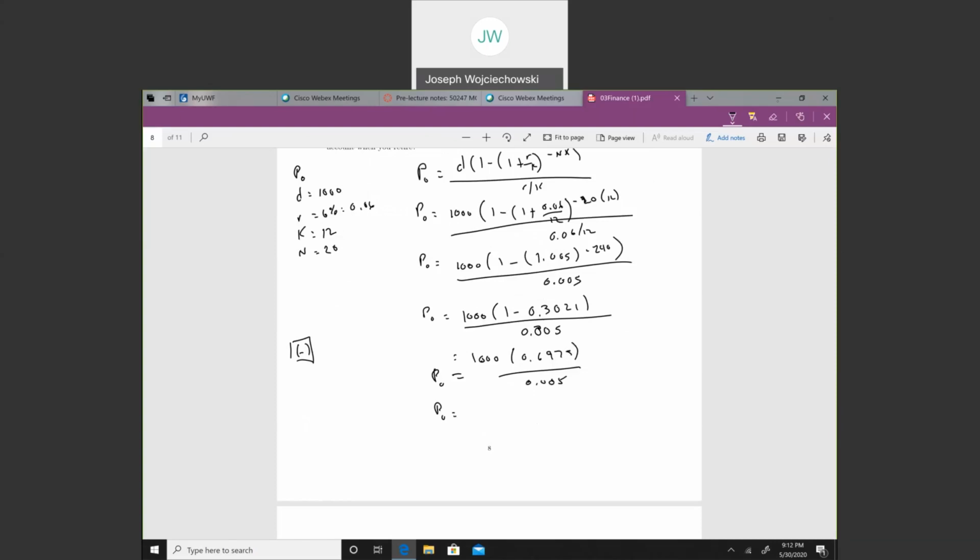Multiplying this, I get 6979 divided by 0.005. P equals 1,395,000. That's a lot of money.